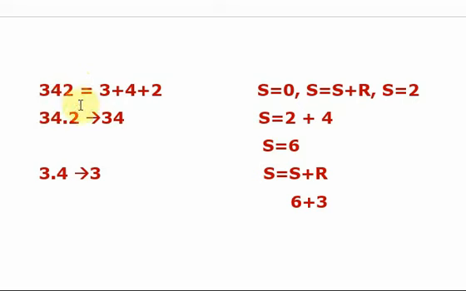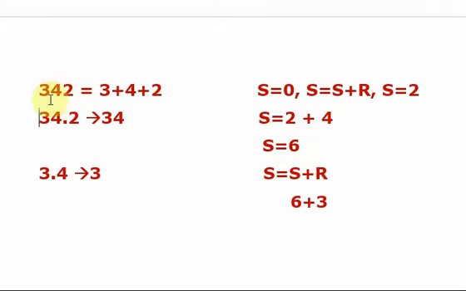If you divide by 100, because two zeros are there, it will be 3.42. Since we are dividing by 10, this will be 34.2. And we are giving the floor command, so it will ignore this 2 and take the lower value, 34.